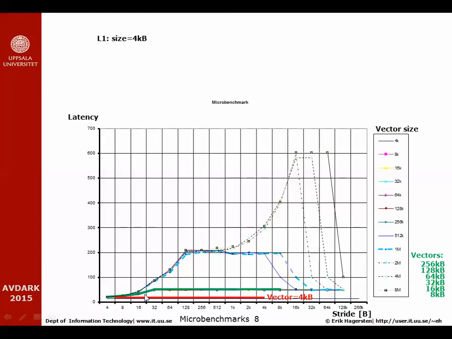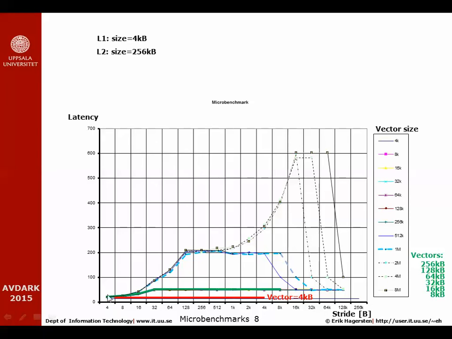It has this kind of ski slope, ends there, and then it goes flat. So from that, we can draw the conclusion that we know what the size of the second level cache is. So the size is 256 kilobytes, because that's the largest vector that fits in that cache, and for which this curve stays flat.